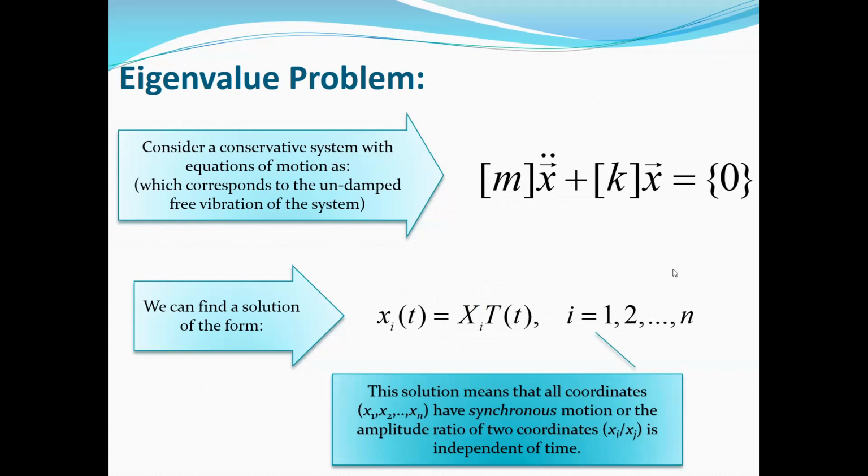So here, as I told you, the solution means that all of the coordinates x1 to xn will vibrate synchronously, and the amplitude ratios of the coordinates are different, and we can obtain them by using the mode shapes.